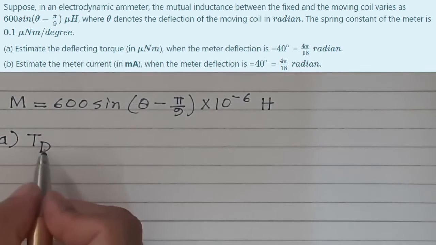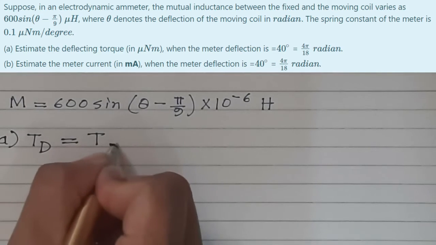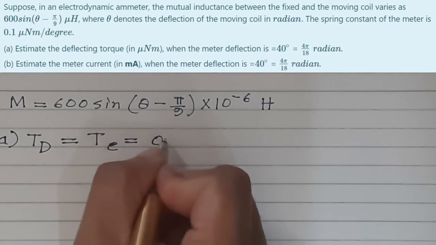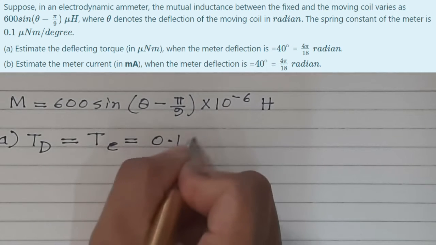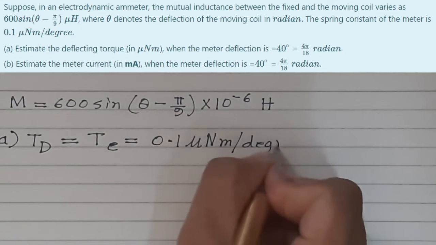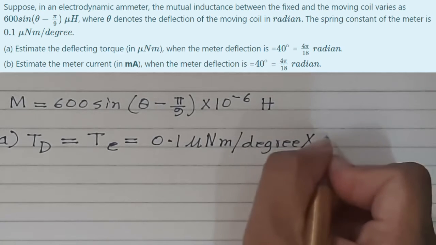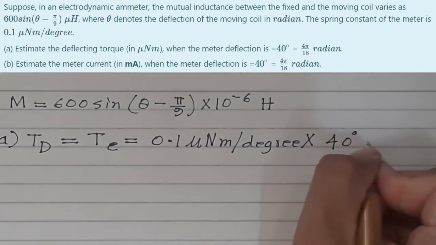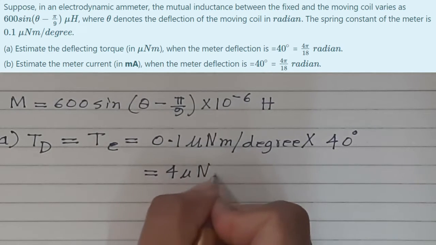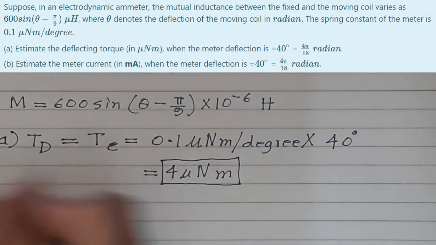But we know that in steady state, deflecting torque should be equal to the controlling torque, and the controlling torque is given by the spring constant, that is 0.1 micro Newton meter per degree multiplied by the angle of deflection, which is given as 40 degree. So this comes out to be 4 micro Newton meter. So this is the answer for part A.